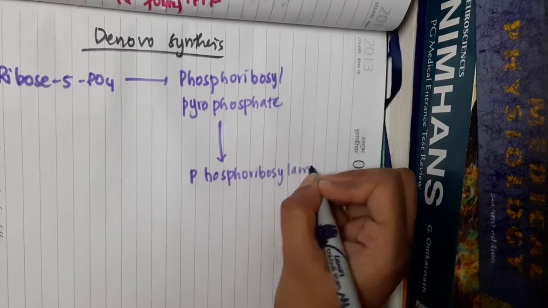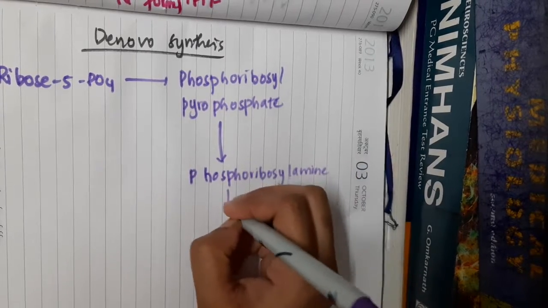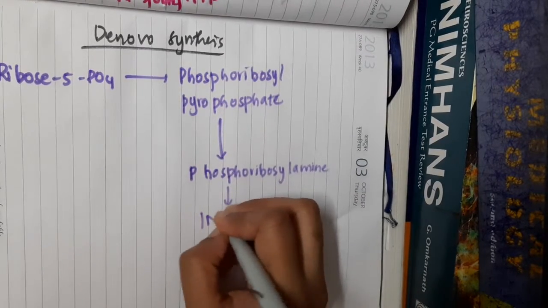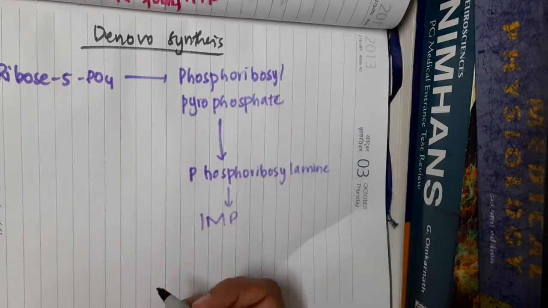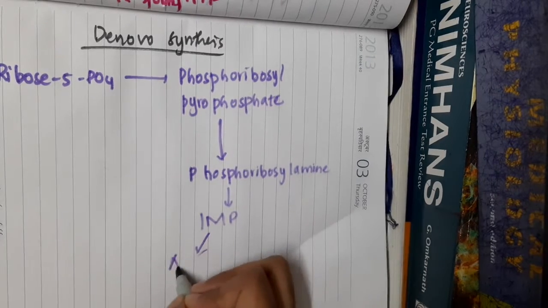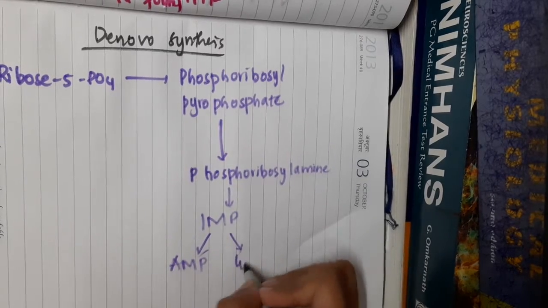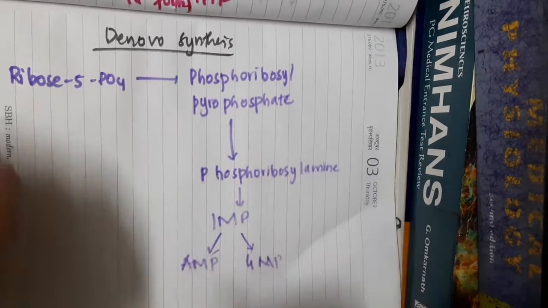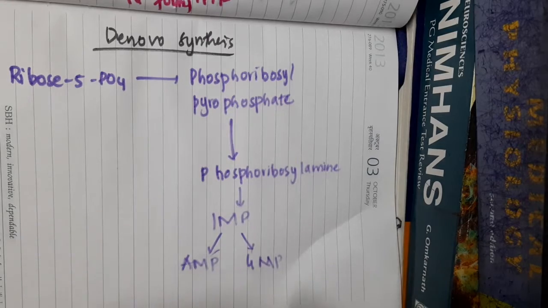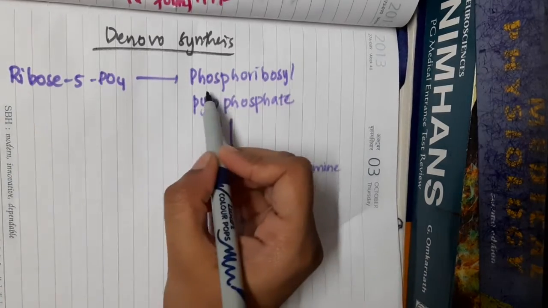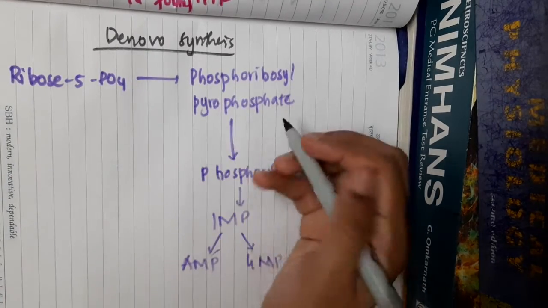This phosphoribosylamine will result in formation of IMP, which is inosine monophosphate, which again gives rise to adenosine monophosphate and guanosine monophosphate.